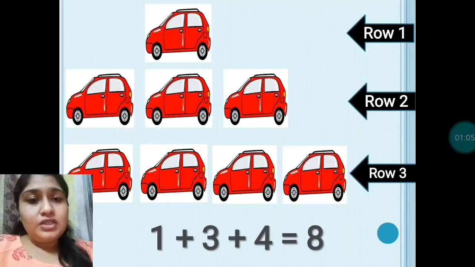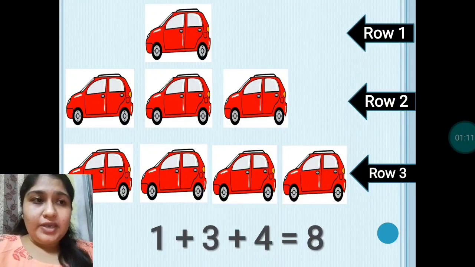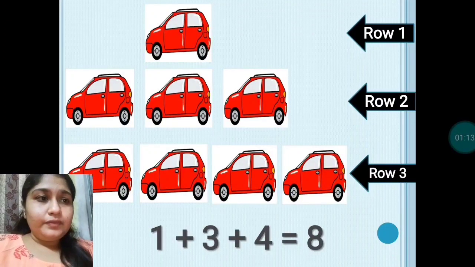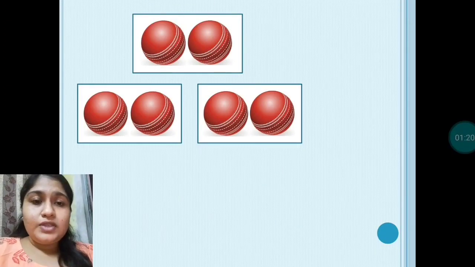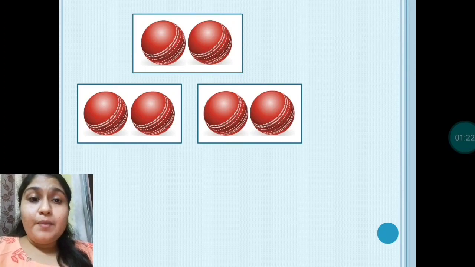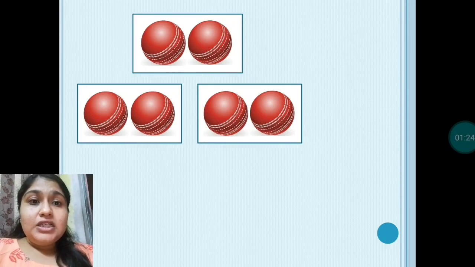So in this way students, we have to count the objects group-wise. Now let us understand how to count in groups when the objects are given in pairs. Pair means where there are 2 objects.